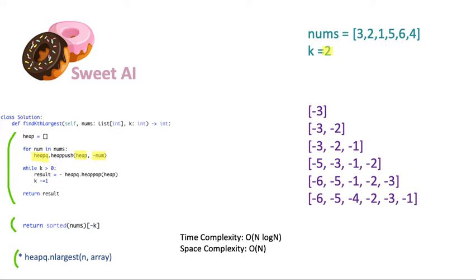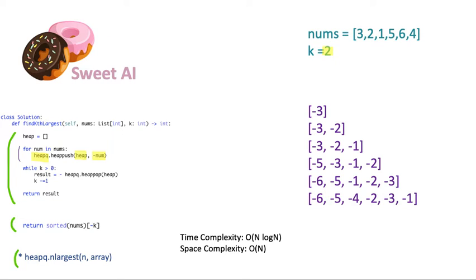And after the for loop, we have added all the values in this array to the heap. As you see, we first add -3, then 2, and then 1, and then 5 is added, and 6 and 4, right? And we are looking for the second largest element.